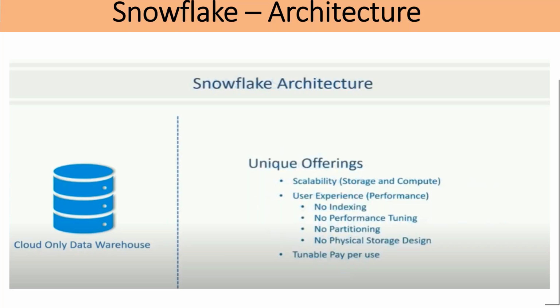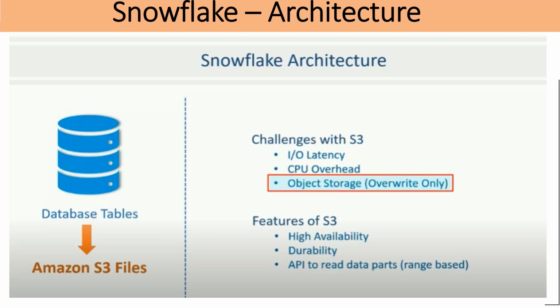Okay, and then when you come here, there are some challenges with this. The first is IO latency, because the server farm is somewhere else. You are working on the cloud, and the moment you save a file, it has to go and get saved on the physical server farm. That means the network bandwidth plays an important role here.